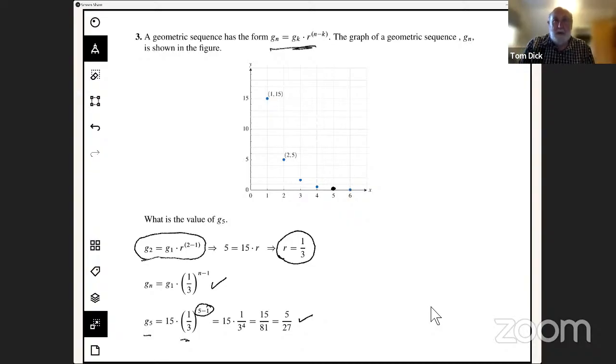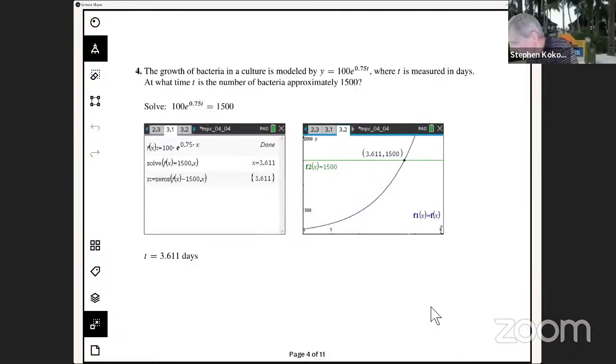Okay, thank you. All right, let's take a look at another one here, kind of like these problems in context. In this one, the growth of a bacteria in a culture is modeled by the equation y is 100 e to the 0.75 t, where t is measured in days.